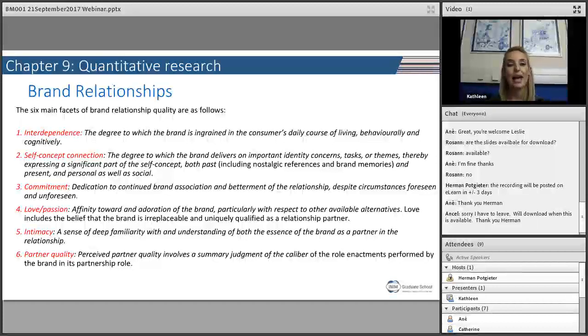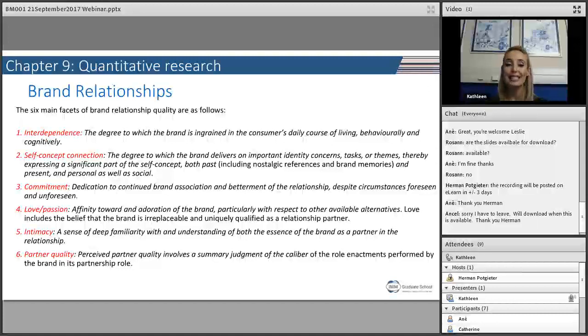There are 6 main facets of a brand relationship that we look at. We look at interdependence, how dependent the customer is on the brand in their daily lives. We look at the self-concept connection. Do customers identify with the brand? We look at how committed they are to the brand. We look at their level of affinity or their love or passion for the brand.